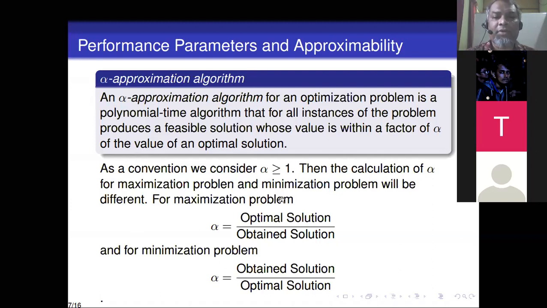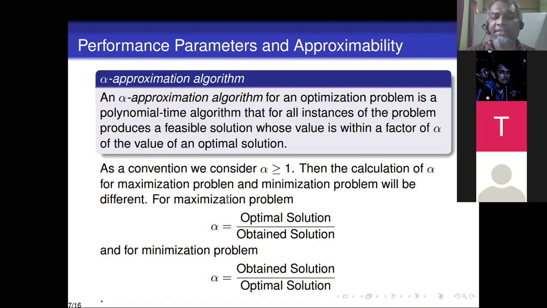For a maximization problem, alpha is the optimal solution divided by the obtained solution. For a maximization problem, the near optimal solution is always less than the optimal solution, because we cannot exceed the maximum. So this ratio will be greater than or equal to 1. Is it clear?